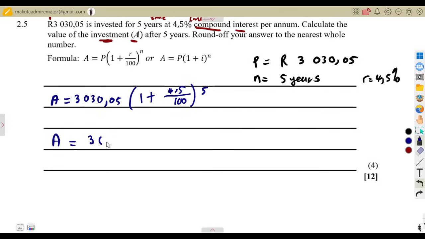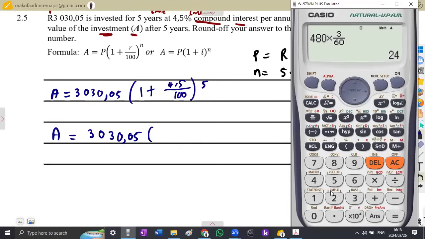All right, so this will be 3,030.05 into what? You can simplify this on our calculator, or you can just see this part inside the bracket, 1 plus 4.5 over 100.